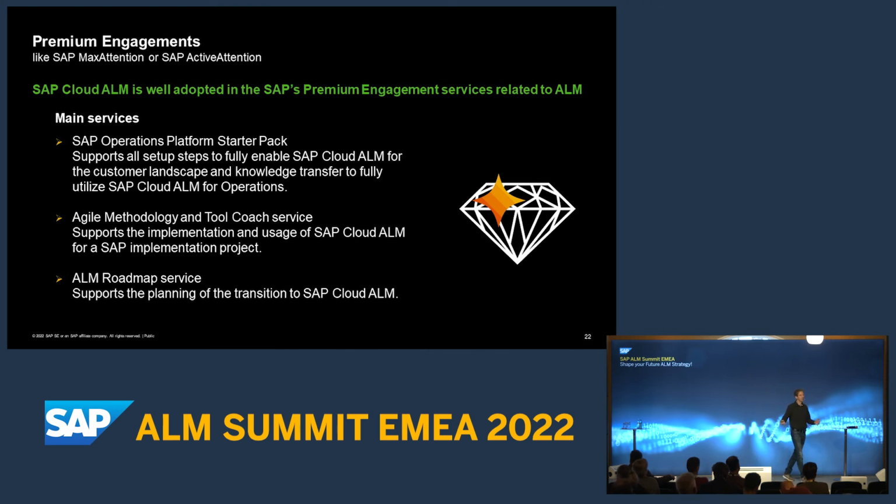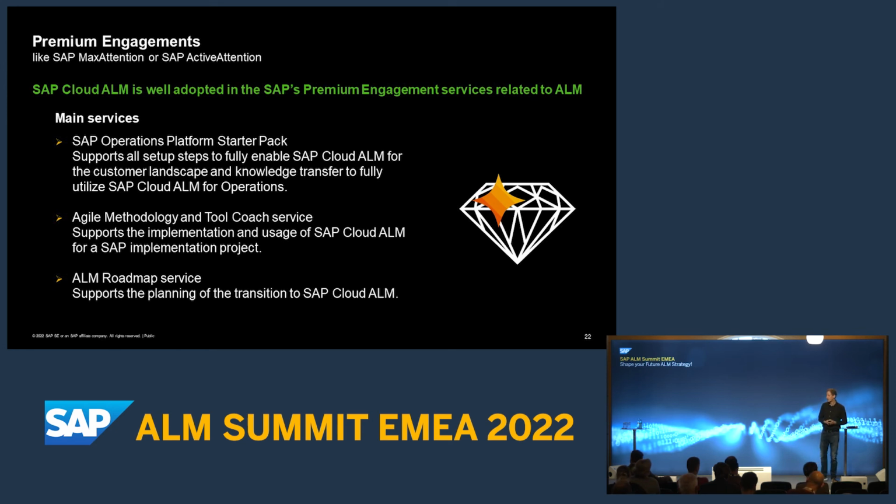I have to say those services are one-to-one services. So as a customer, a service team or a colleague from SAP is coming to you or working remotely and only concentrating on one customer.